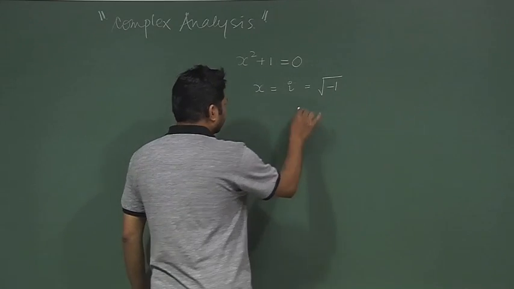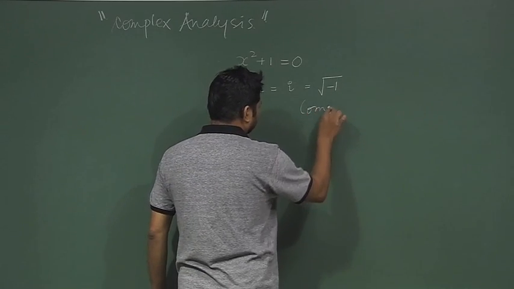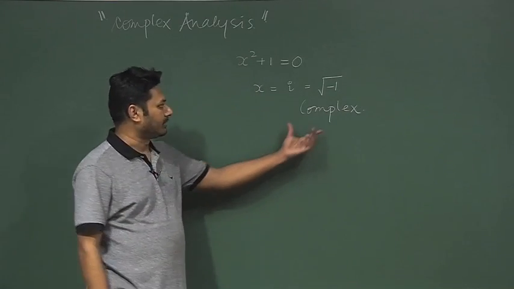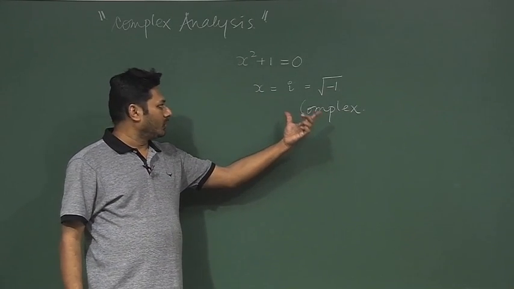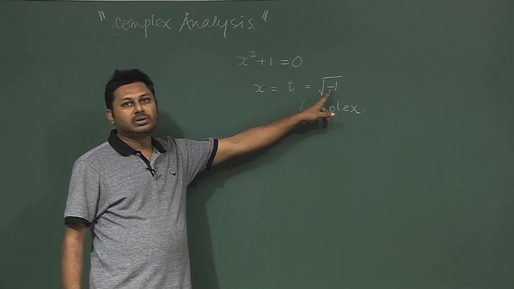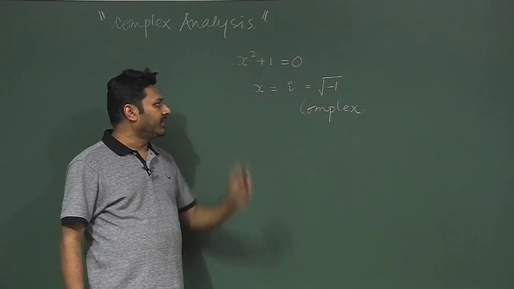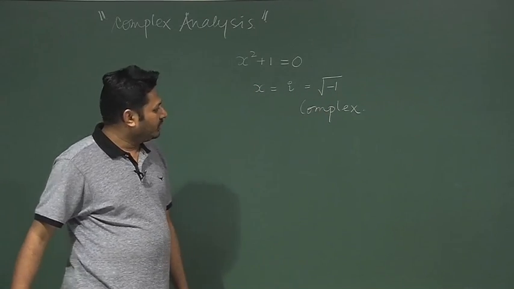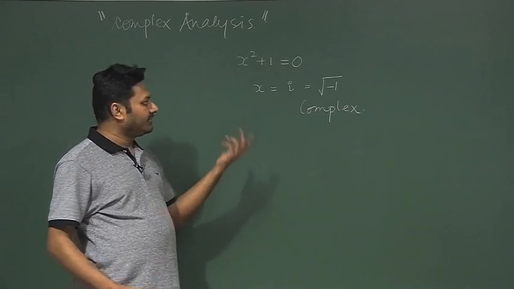So, first thing, this is a complex number. Now we have something under a root defined as a complex number, and normally we denote it as i. So, now we know that there is an entirely different set of numbers.